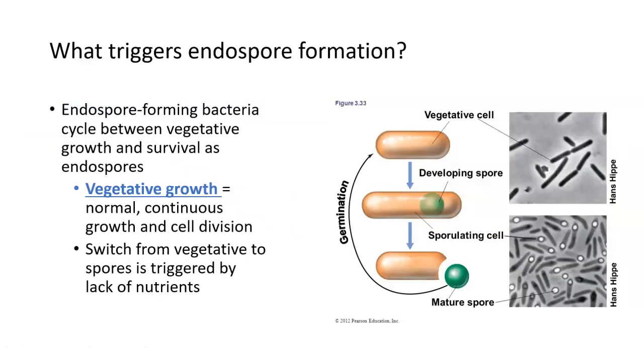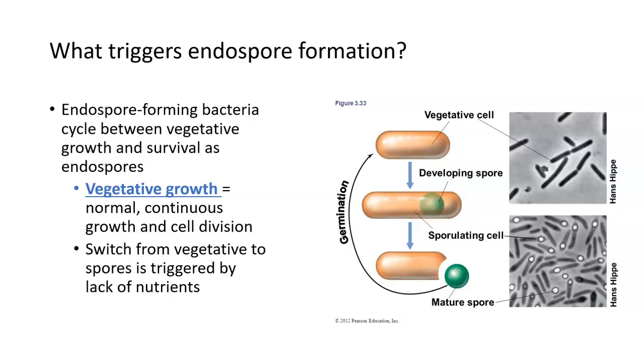So what can actually trigger a bacterial cell to form an endospore and go into this dormant state? Endospore-forming bacteria rotate between vegetative growth, or normal cell division, and survival as endospores. A vegetative cell is a normally growing, dividing bacterial cell under normal conditions.